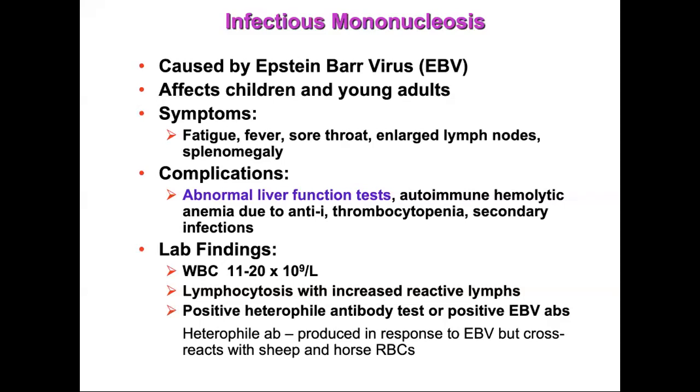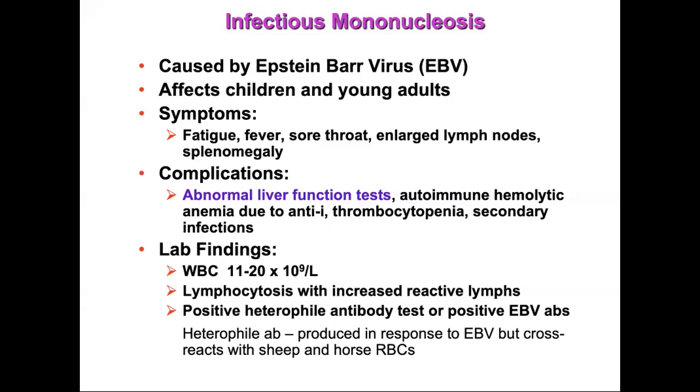So what you get to see is that the white count is increased. It goes from 11,000 to 20,000, and there is lymphocytosis with reactive lymphocytes. Another way of detecting it is by looking at the heterophile antibody test, which will give you a positive, and also a positive for EBV antibodies.